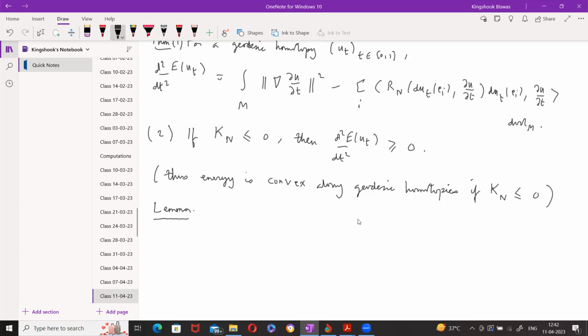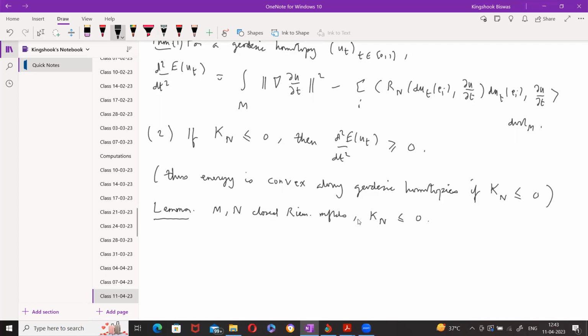So M and N are closed Riemannian manifolds, and suppose the sectional curvature is non-positive.